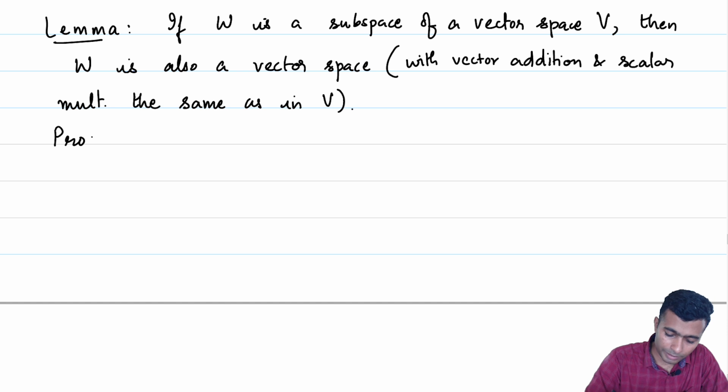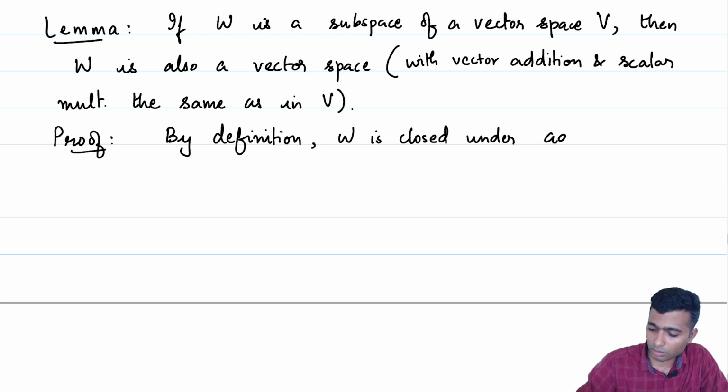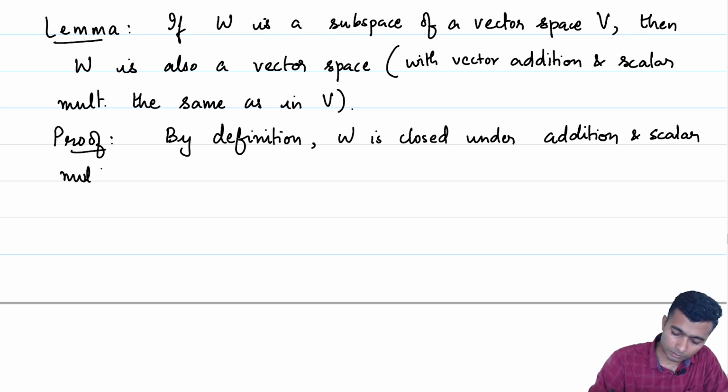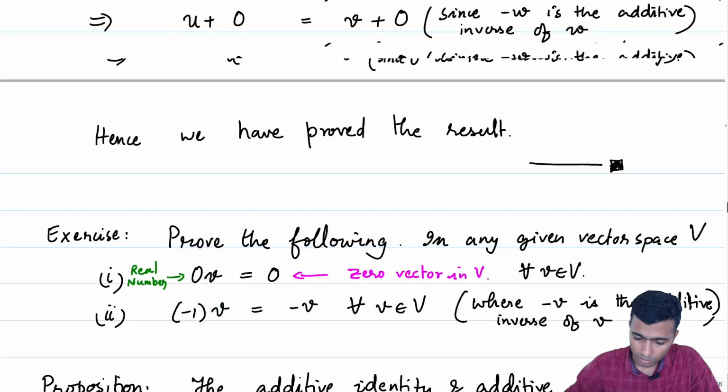The proof will immediately indicate that, by definition, recall what the definition was, you will see that W is closed under addition and scalar multiplication. I will slowly stop using the word vector addition and just call it addition. But we have a long way to go. We need to check for properties 1, 2, 3 up to 8. So, let us just revisit the properties, which are written above.